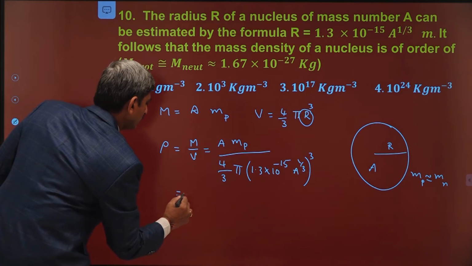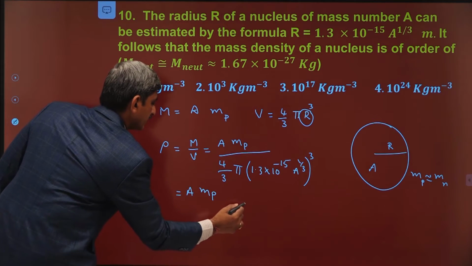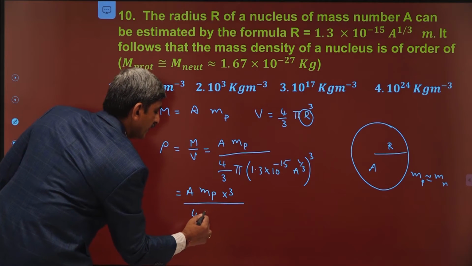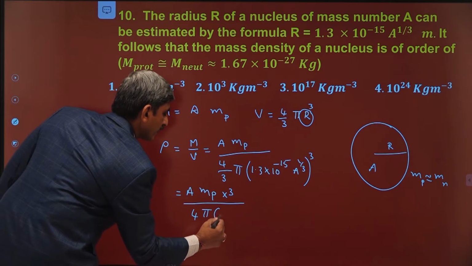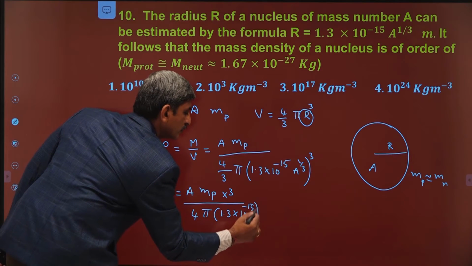So this is equal to A mp divided by 4 into 3 into pi into 1.3 into 10 to the power of minus 15 whole cube.